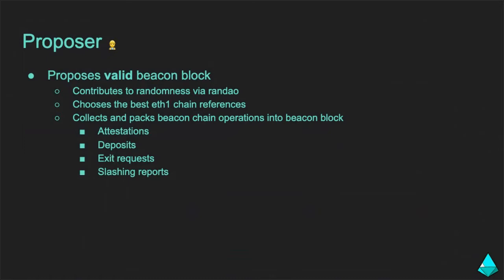And then by doing so you contribute to randomness via Randao, and then you also help to build the reference points to the ETH1 chain. And then most importantly, you have to collect and pass the beacon chain operations into the beacon block. That's how attestations, deposits, and exit requests get on chain.